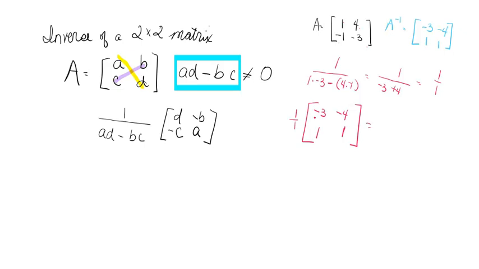And when I distribute my scalar through, I end up getting negative 3, negative 4, 1, 1, and that is the same as the inverse. I get the same answer. It's just a much simpler process.